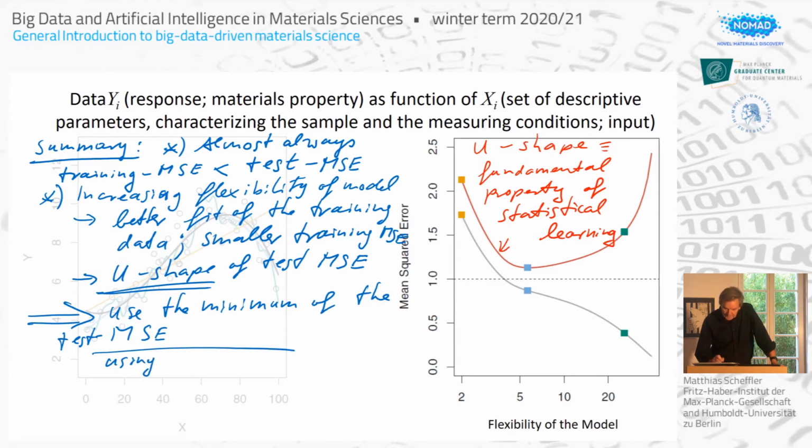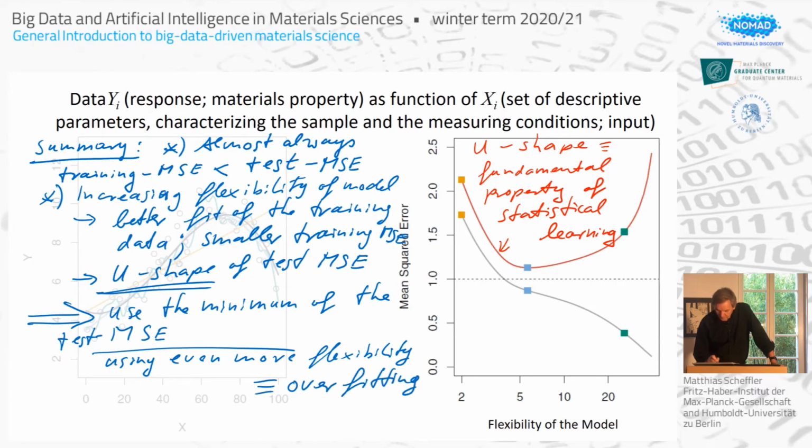Using even more flexibility than that implies what we call overfitting, and that in fact is not good.